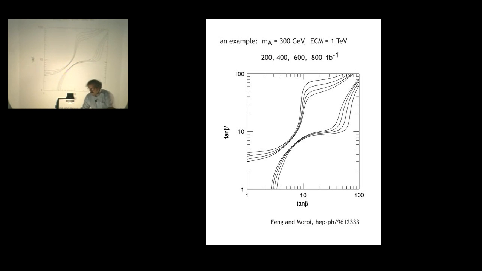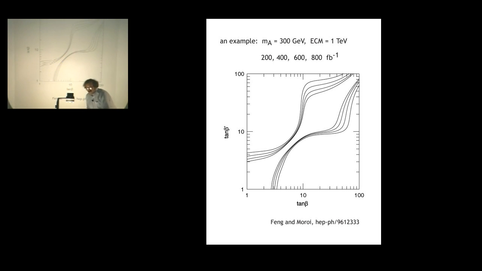You can see that in the region where the b b-bar and t t-bar decays of H and A are comparable, you get good discrimination of tan beta. As one mode dominates, for example, up here, where b b-bar dominates, you need higher and higher statistics to determine tan beta in that region.